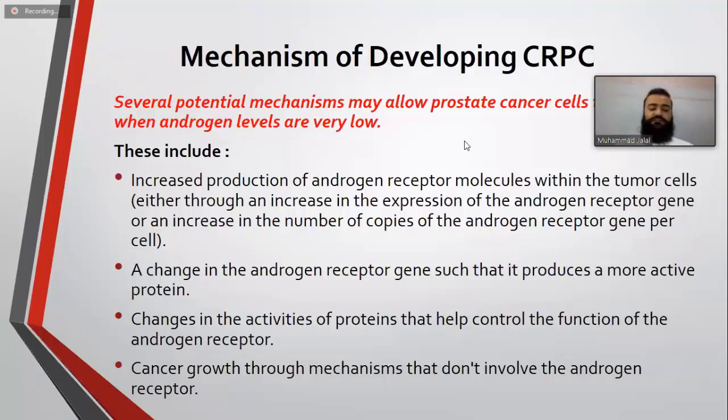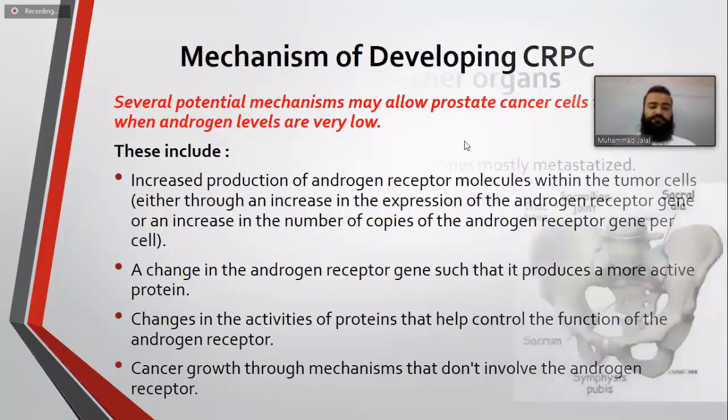A change in the androgen receptor gene such that it produces a more active protein. Changes in the activities of proteins that help control the function of the androgen receptor. And cancer growth through mechanisms that don't involve the androgen receptor.